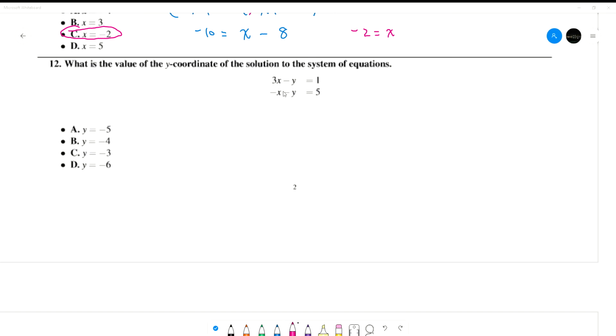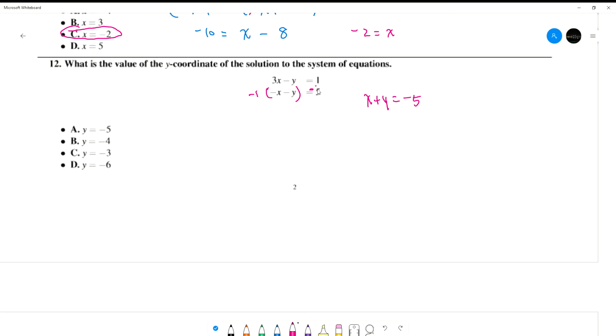And I can see right here that my coefficients for y are both -1. So I think I'm going to just multiply one of these by a negative. So look at what happens if I multiply both sides here by -1. This would become a positive x plus y is equal to -5.